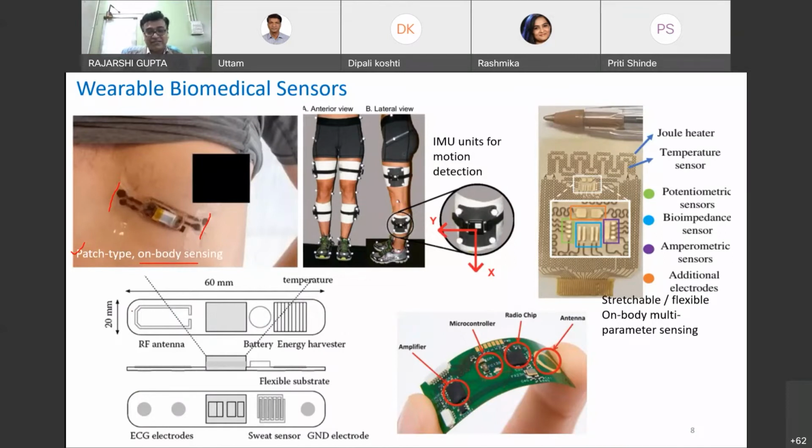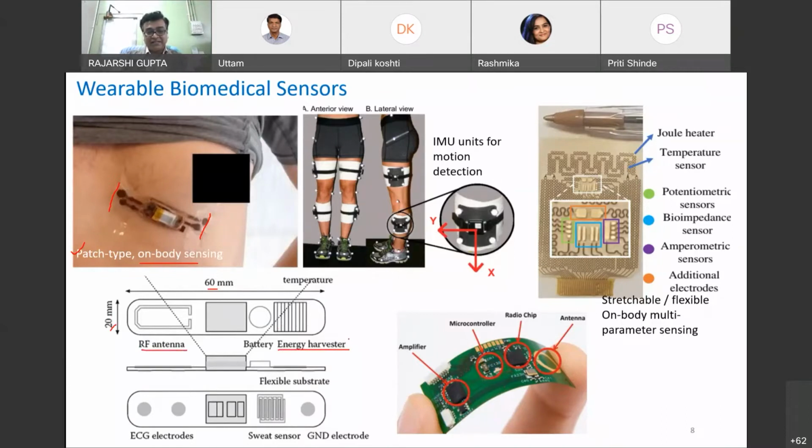You can see that within this short area, 60 by 20 millimeter, there is not only the sensing part, but also additional components like energy harvesting and an RF antenna.